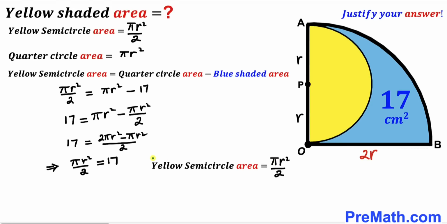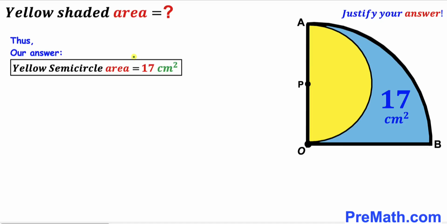Now let's make an observation. Our yellow semicircle area is pi r squared divided by 2, and we figured out this value as 17. So we conclude that the yellow semicircle area is simply 17 cm². Thus, after all the calculations and manipulations, the area of this yellow shaded semicircle is going to be 17 cm².